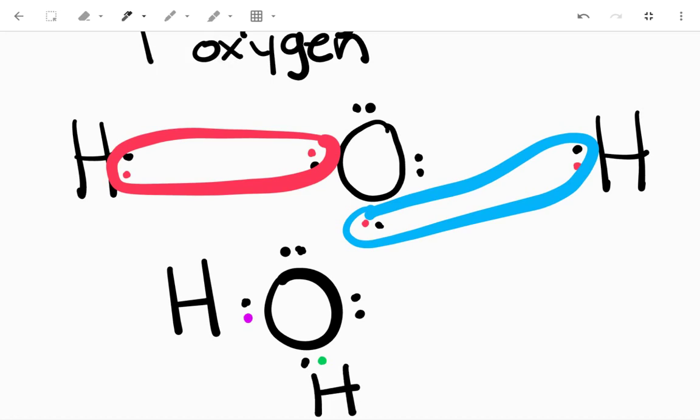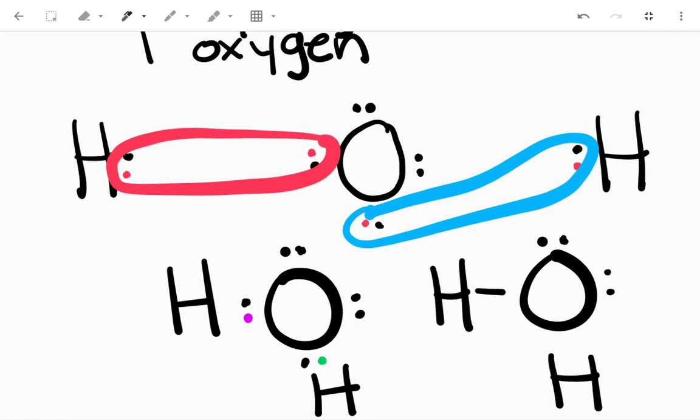You can also draw them as lines. So we can have oxygen. That's a weird line. Okay. Here we go. There you go. So you can have oxygen with 2 lines to hydrogen, and both of these are still correct. Okay?